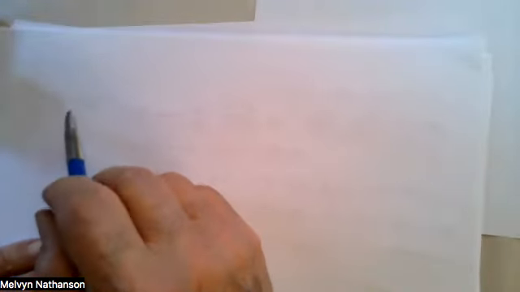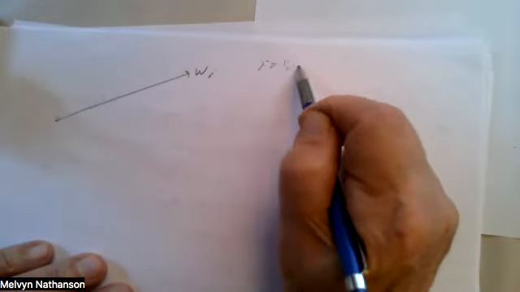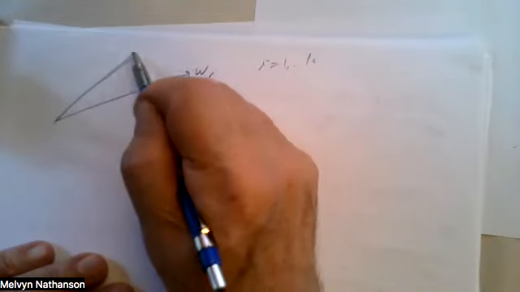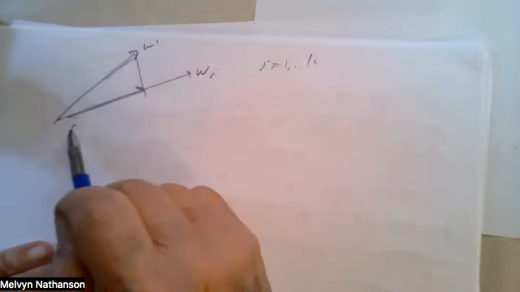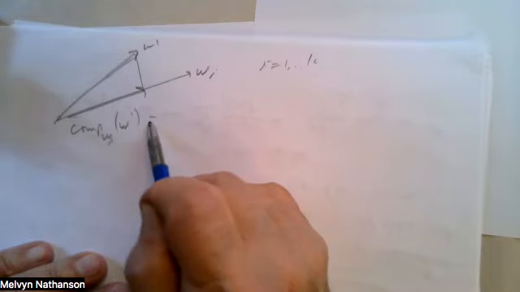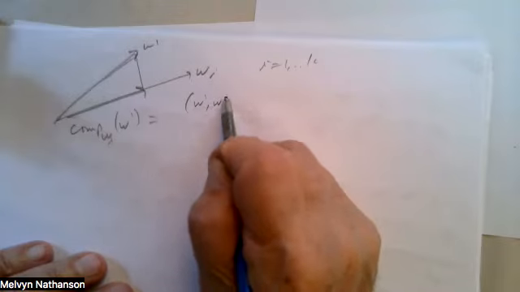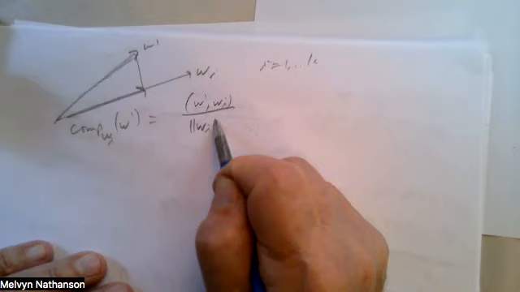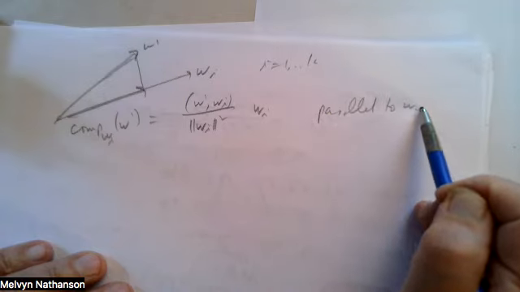Let me draw a picture here. I have a vector Wi, I goes from 1 up to K. I have a vector W prime, and I'll call this the component of W prime in the direction of Wi. That component is the inner product of W prime and Wi divided by the length of Wi squared times Wi. So this is parallel to Wi.